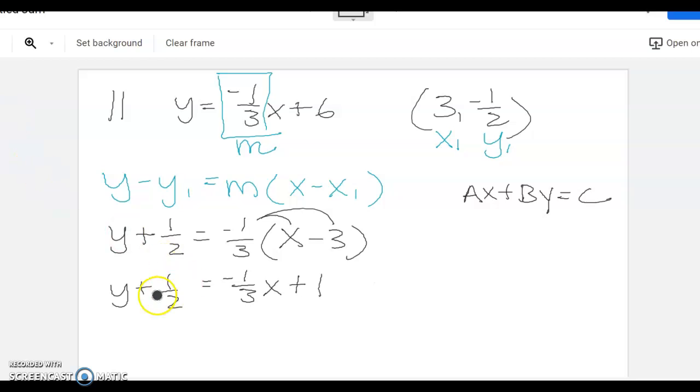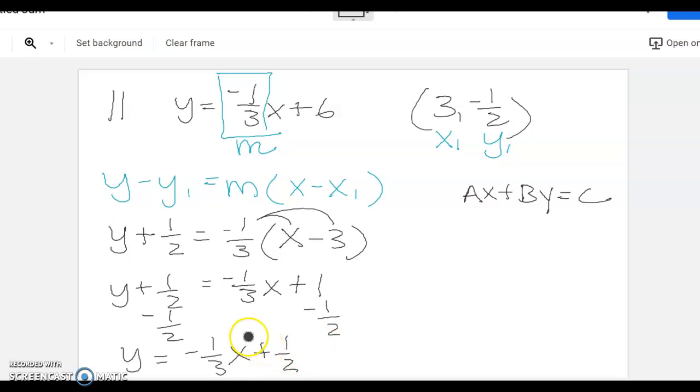So I actually don't want this 1/2 to be here, so I'm going to subtract it away. And now I'm taking 1 minus 1/2, which is going to be a 1/2. So I have y equals -1/3 x plus 1/2. Okay, this is in slope-intercept form here.